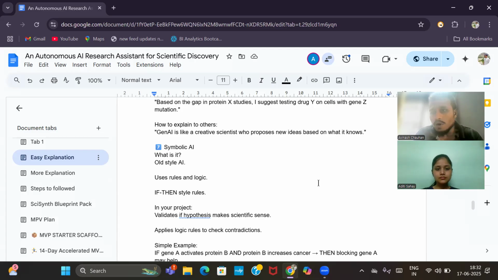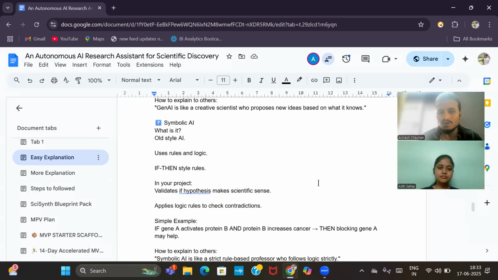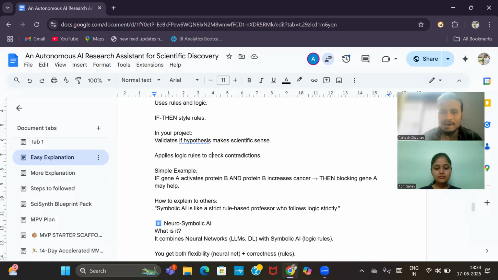Why? Because there are drones looking for thermal indicators, and if you pee, you will get detected by the thermal indicator. When you are in a war, you should keep all these things in mind, and these come under rules and regulations. This is what symbolic AI does.